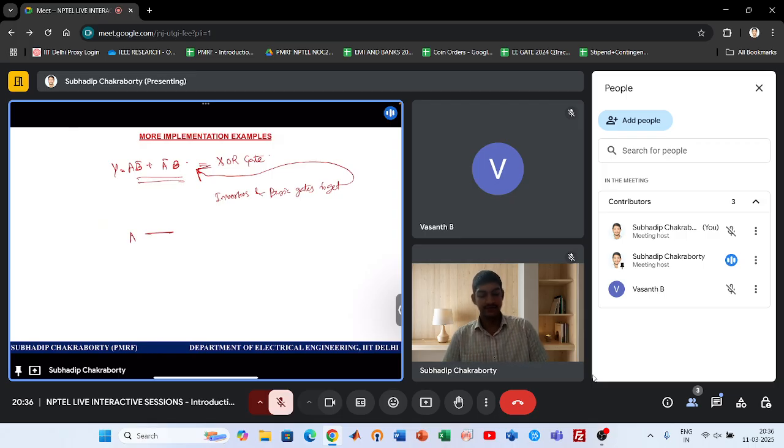Let's say you have A, you have B. How can you use basic gates like AND gates or OR gates and NOT gates to get this? Simple, right?